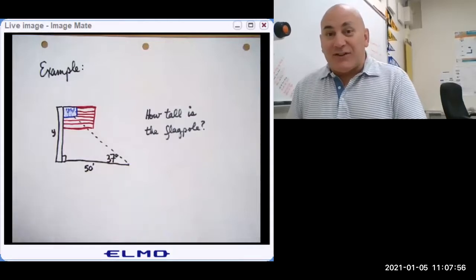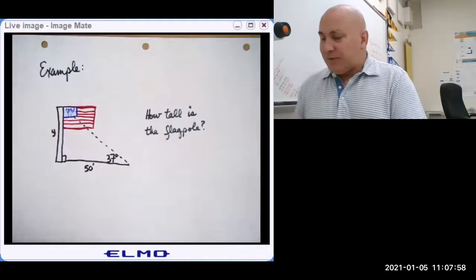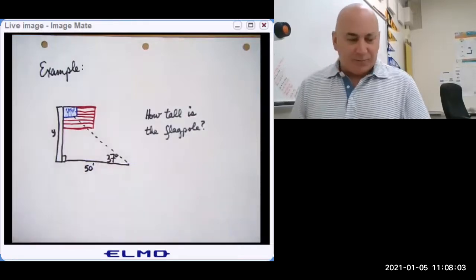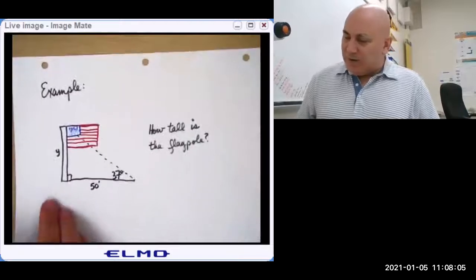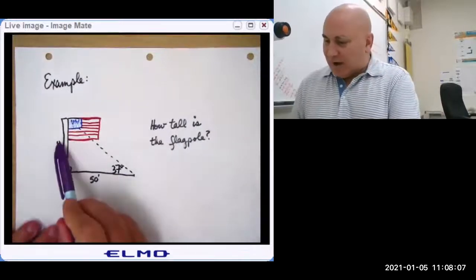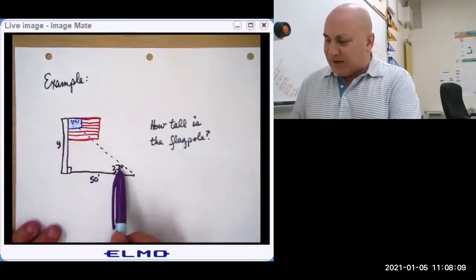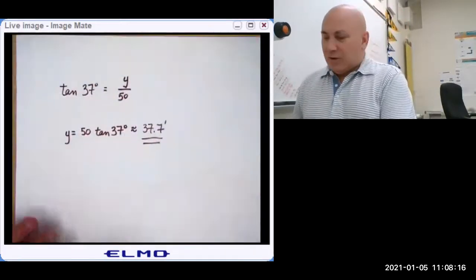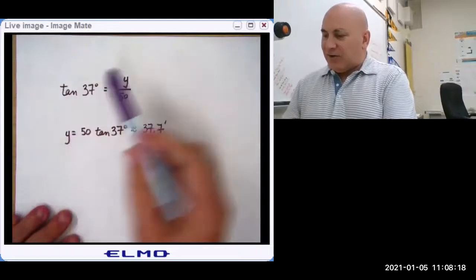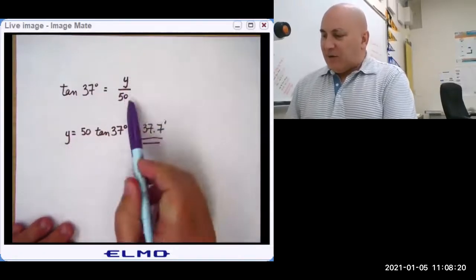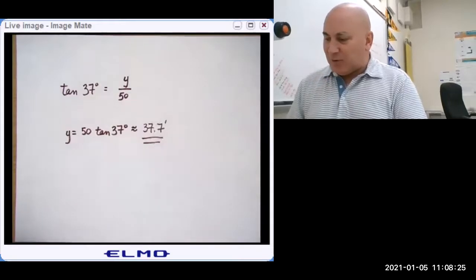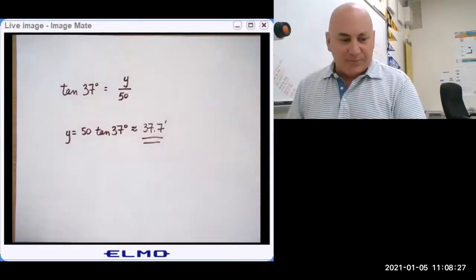If you said it was the tangent, you're correct, because tangent of an angle is opposite over adjacent. The opposite is y, the adjacent is 50, and the angle is 37 degrees. Multiply both sides by 50, and we get that the flagpole is 37.7 feet tall.